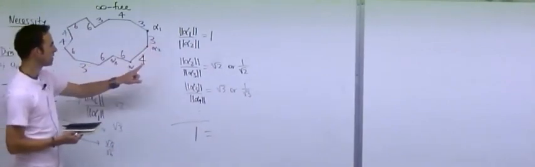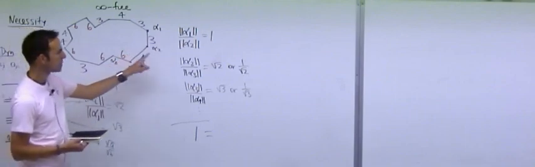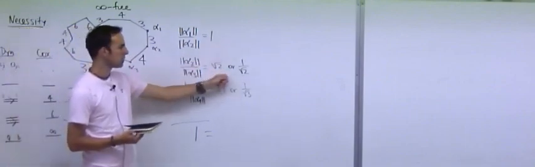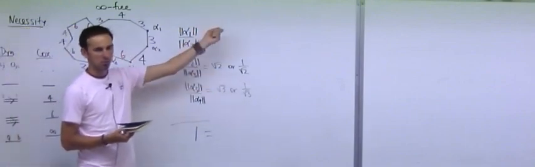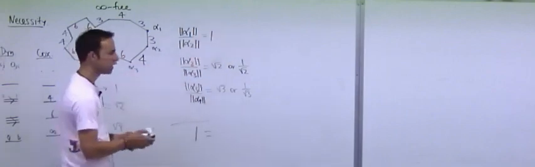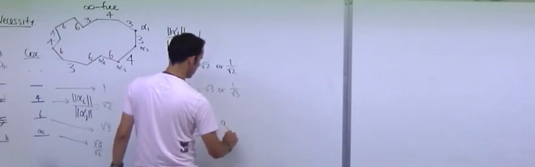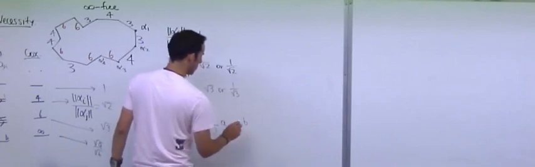Okay? And on the right-hand side, what are we going to get? Well, we only see 3s, 4s, and 6s, which means that on the right-hand side, we're going to see 1s, square root of 2s, and square root of 3s, maybe to a positive or to a negative power. So what we're going to get is square root of 2 raised to some power a times square root of 3 raised to some power b.